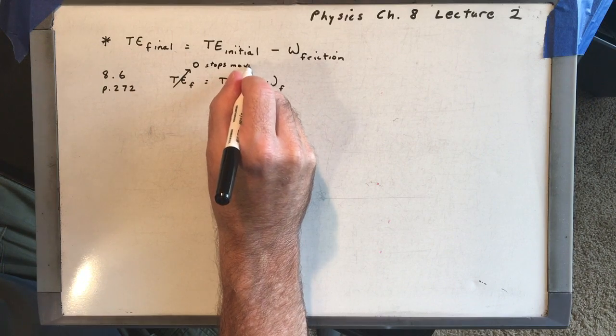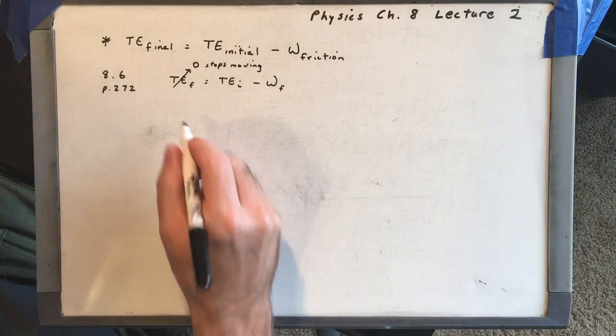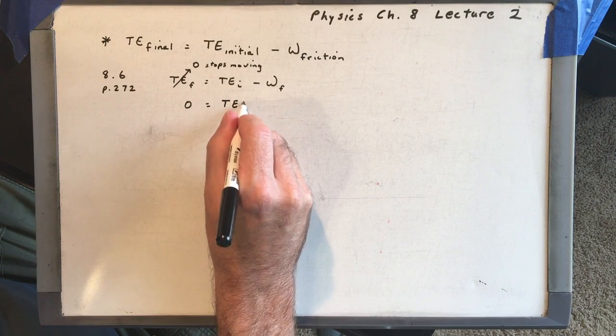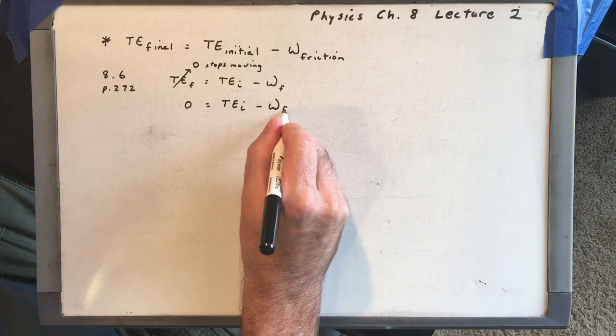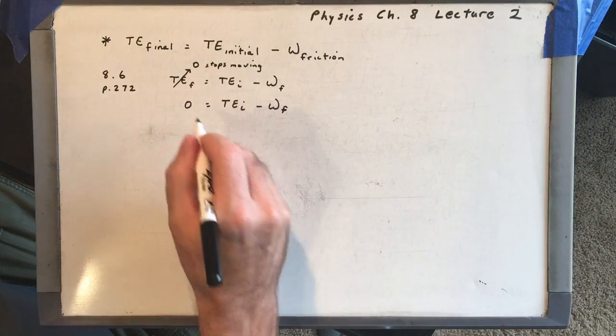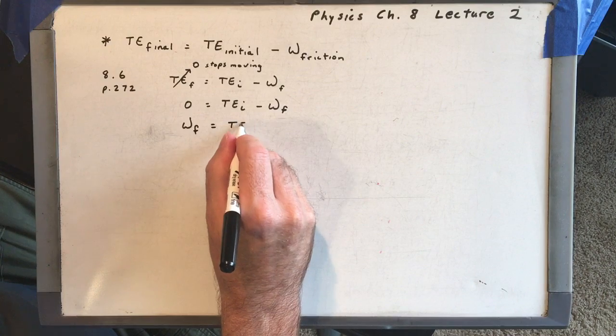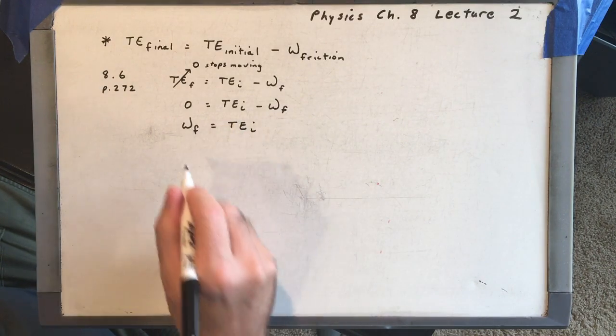So if that's the case, you'll have 0 is equal to total energy initial minus the work done by friction. So let's move the work done by friction over to the left side. You'll have the work done by friction is equal to total energy initial.